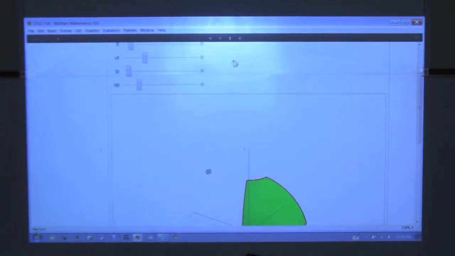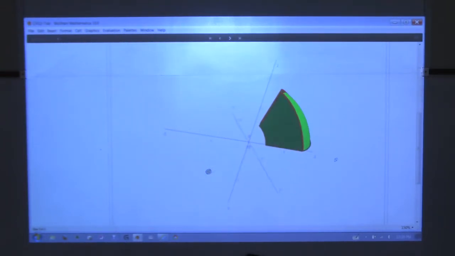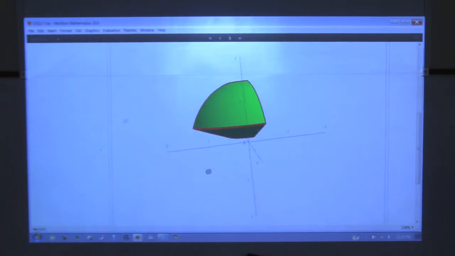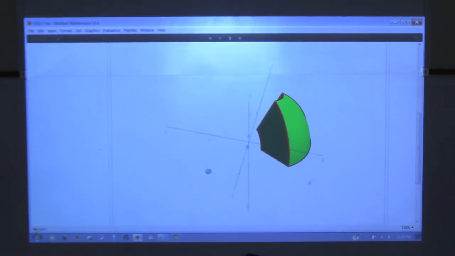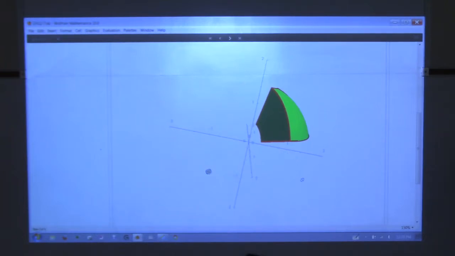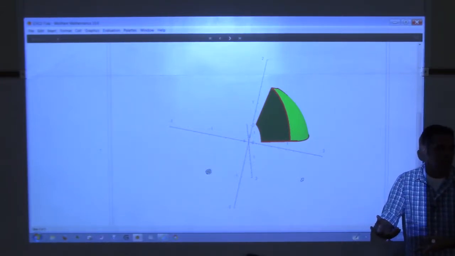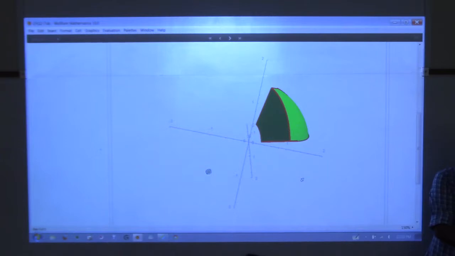What is this? It looks like I did another one of those slices just to have fun. Oh, okay. I know what this is. We know what a box looks like. Remember we were talking about boxes in Cartesian versus polar? What does a polar rectangle look like? What does a Cartesian rectangle look like?